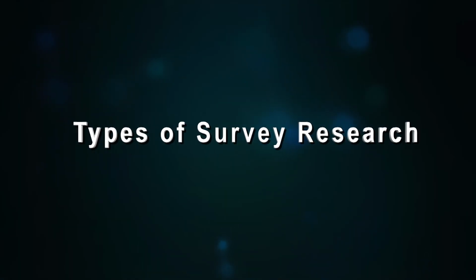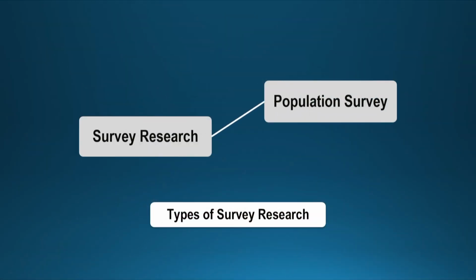There can be two different types of survey research. One, population survey, where the defined population is taken into account and data is collected from the total population. Census is the best example of a population survey because each and every household is taken into consideration and data about the individual members is collected.